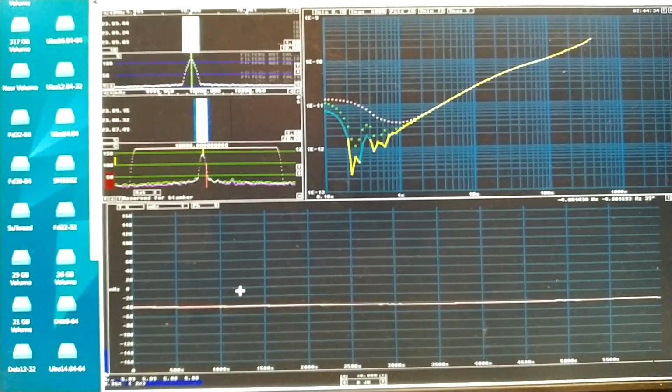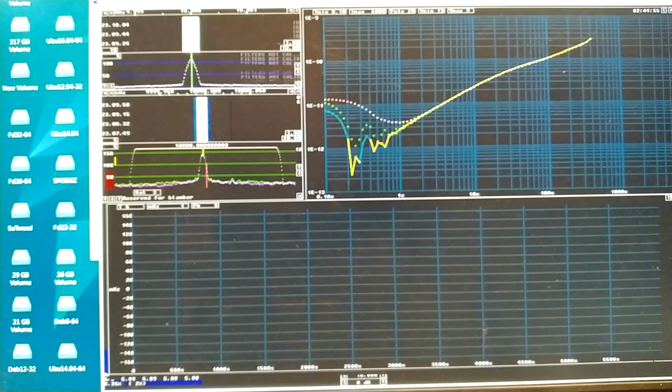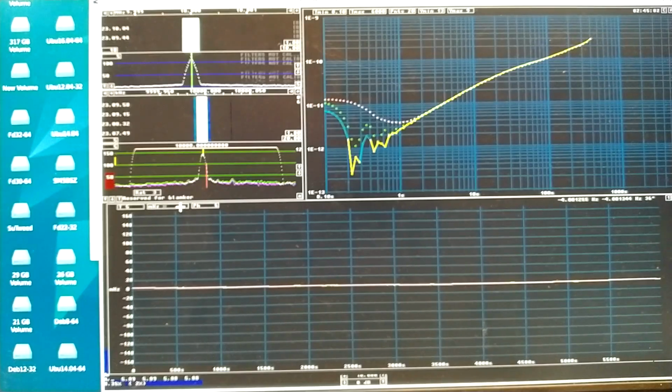Now 2 hours and 40 minutes have elapsed. You can see up here the frequency has drifted by about 40 millihertz, and it's still drifting. I can click here to move the frequency to the center of the scale, so I can magnify in the y-axis, 0.05, for example.